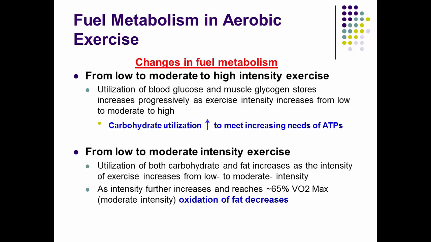Their utilization changes over the whole time period of exercise, depending on the intensity of exercise, right? From low to moderate and high intensity, our body is able to constantly use carbohydrate oxidation. So carbohydrate oxidation pretty much increases consistently, but the fat utilization is different.